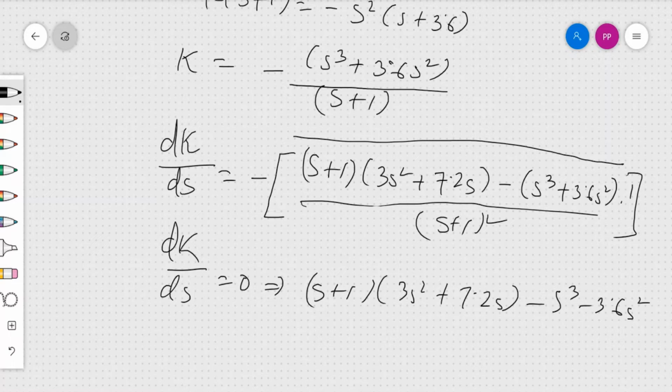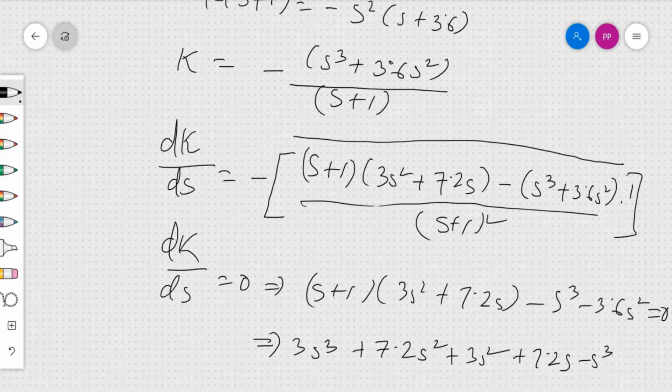So this is equal to 0, which means you have 3s cube plus 7.2 s square plus 3s square plus 7.2s minus s cube minus 3.6 s square. So this should be equal to 0.